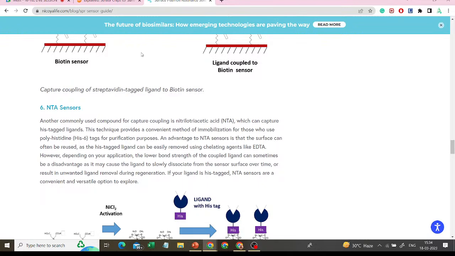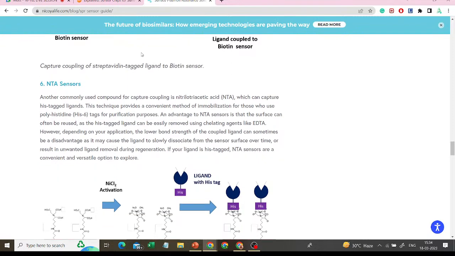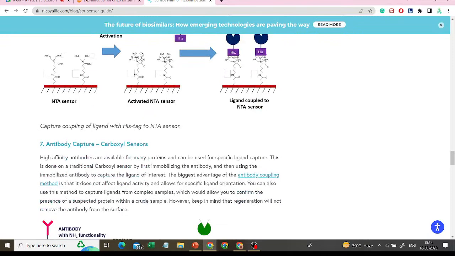An advantage of NTA sensors is that the surface can often be reused, as the his-tag ligand can be treated with stripping agents like EDTA. So after your experiment is done, you need to regenerate your surface so that it can be used again for other experiments.